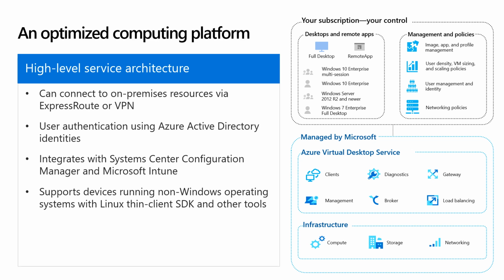So Windows 10 Enterprise, multi-session or single session, Windows Server 2012 R2 and newer, and Windows 7 Enterprise full desktops. You also have control over the VM image and profile management, the user density, so how many users you want on each session host, VM sizing, scaling policies, and you have control over user management and identity and the network policies.